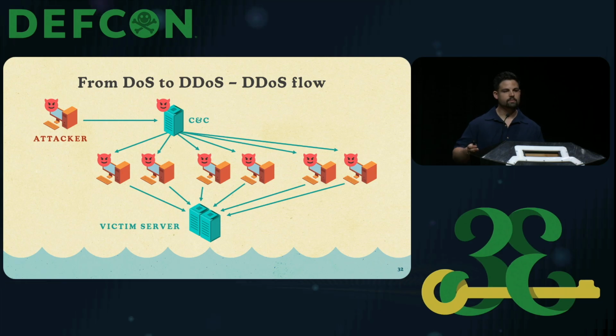So in a normal DDoS attack, an attacker has their own personal computer, of course, that initiates the attack and communicates with a command and control server. This command and control server communicates with many different bots that the attacker has managed already to compromise, probably. And it commands them to send a big amount of requests towards a single victim in order to flood it, and this victim is the DDoS victim.